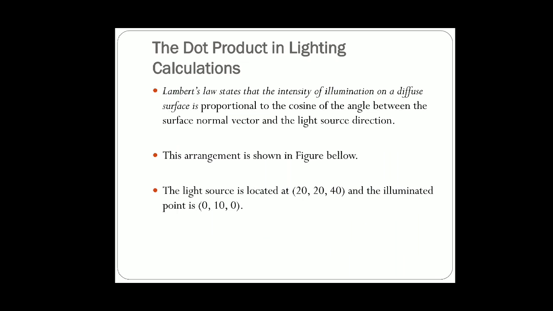Sometimes the image can have lighting from the side, either the right-hand side or the left-hand side. So the direction of the light source is needed to calculate the illumination, that is the level of light brightness on the diffuse surface on which it is falling. To calculate this, we have the dot product in lighting calculation. This arrangement is shown in the figure below.